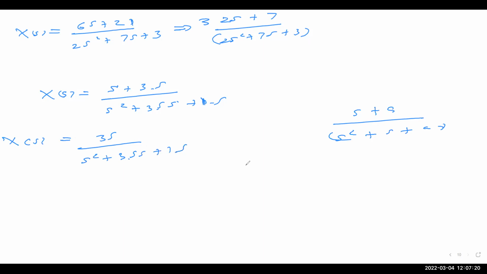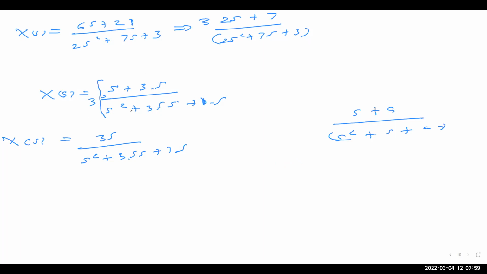And we'll get the other part as 10.5 over the same denominator, because we took the 3 out of the entire expression.